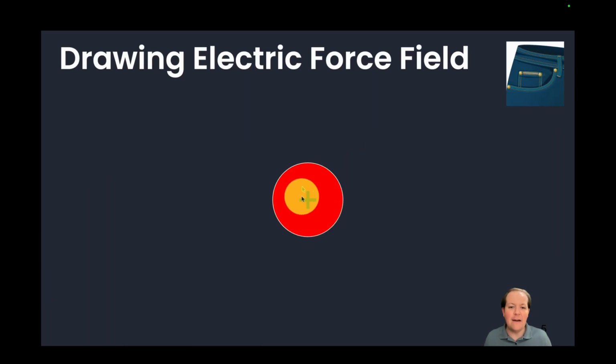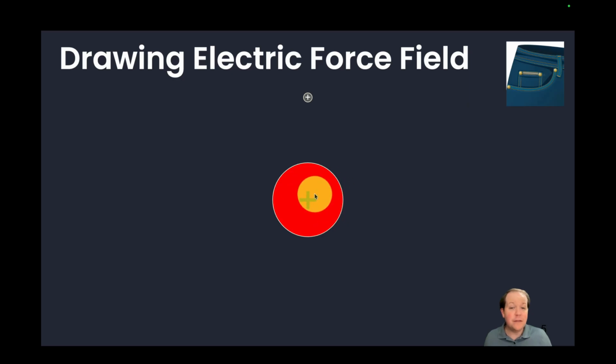Let's pretend I have a positive charge, and let's say it's glued to the screen or glued to the piece of paper that we're working on. Let's pretend this is already here. Let's pretend, everybody, I reach into my pocket and I pull out a little positive charge. We're using our imagination. I pull out a little positive charge, and let's say I put it right here.